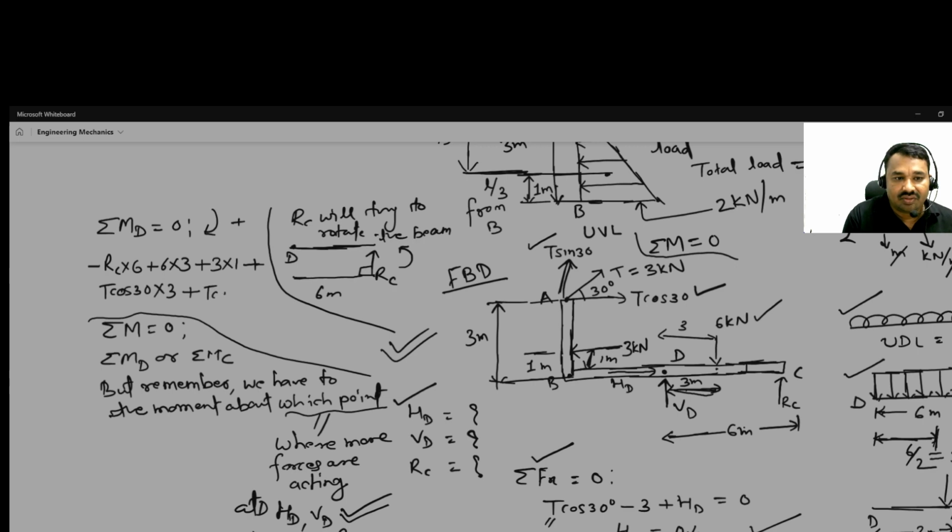So T sin theta into the distance from B to D, and it is given 3 meter. So we need to multiply with 3 and we have to equate with 0.